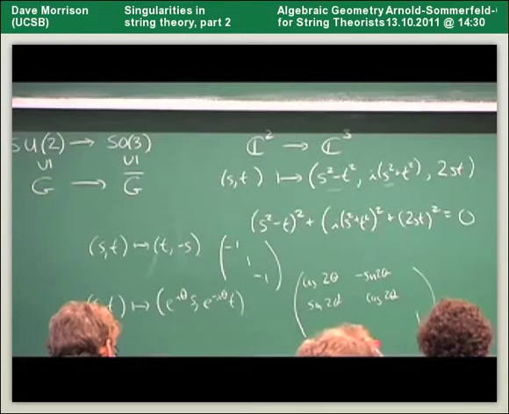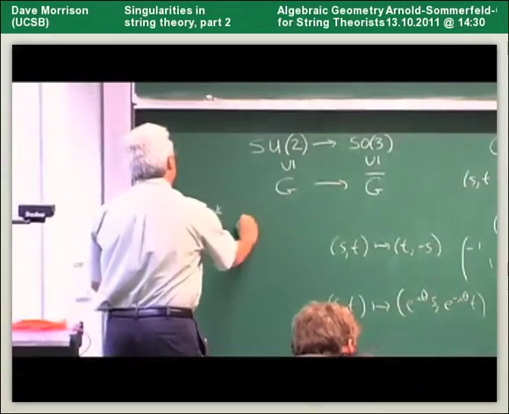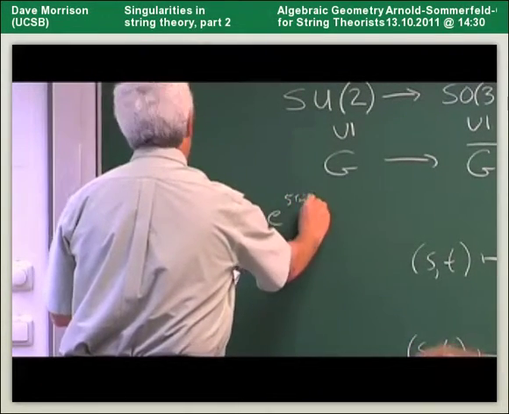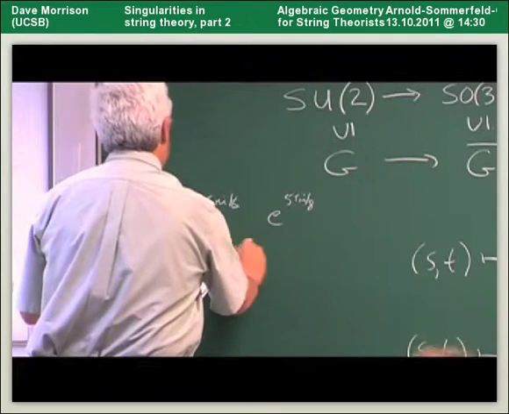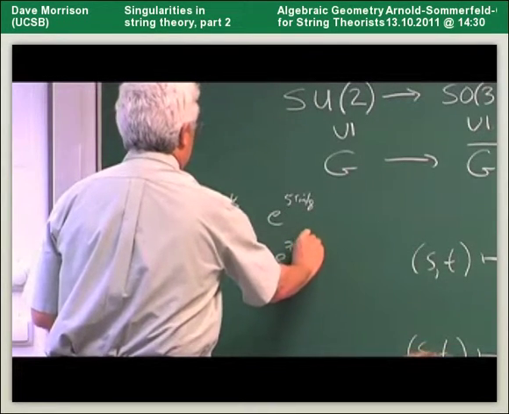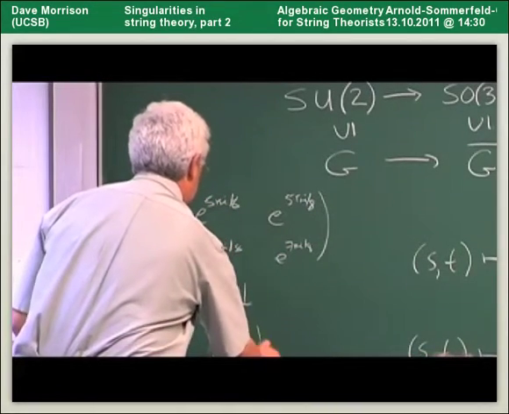If you really care, it's 1 over root 2 times e^{5πi/8}, e^{3πi/8} and e^{7πi/8}. But anyway, you can lift it. That would be the permutation that corresponds to the matrix with entries 0, 1, 0, 1, 1.